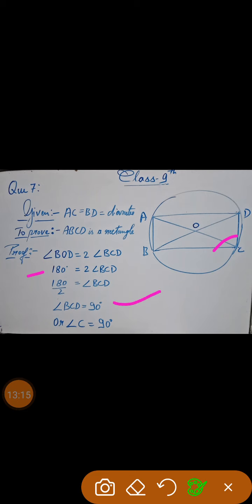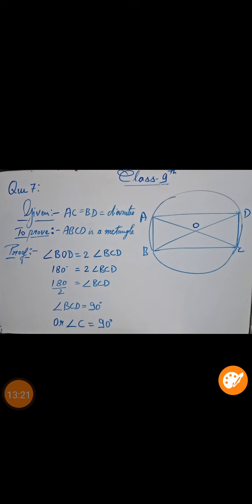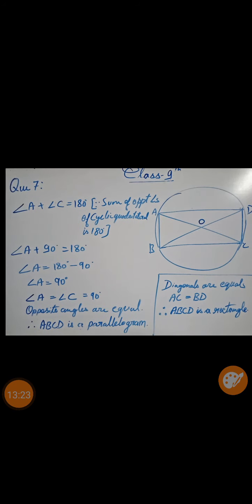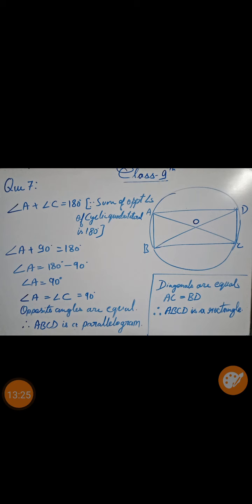So this angle BCD we can also call angle C only. Angle C is 90 degrees. Now it is given that it is a cyclic quadrilateral, so the sum of opposite angles of a cyclic quadrilateral is 180, we know that.